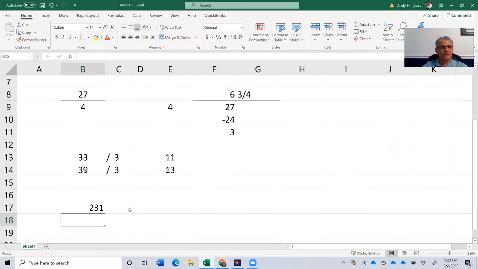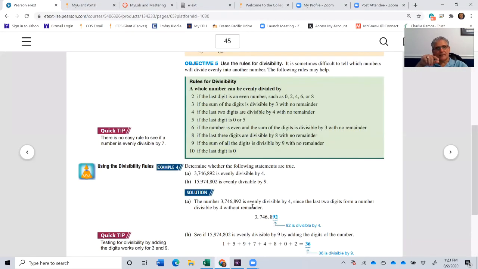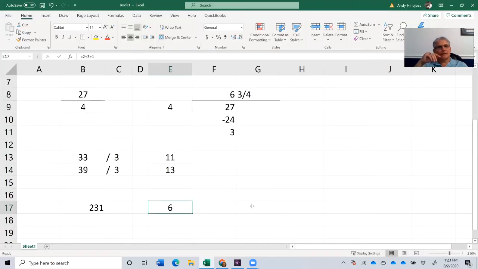So the sum of the digits, well, what are the digits? We're talking about 2 plus 3 plus 1, 6. The sum of the digits is 6. If the sum of the digits is divisible by 3 with no remainder, then it can be divided by 3. 6 can be divided by 3 with no remainder. All right?